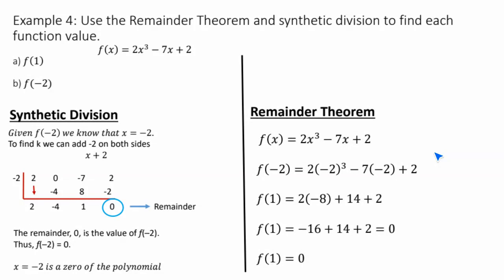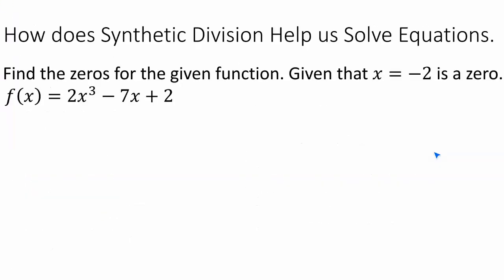Or again, this is my remainder. So again, x equals -2 is a 0 of our polynomial. That means that, if we're talking about graphing, it's the solution or where it crosses the x-axis. Yes?